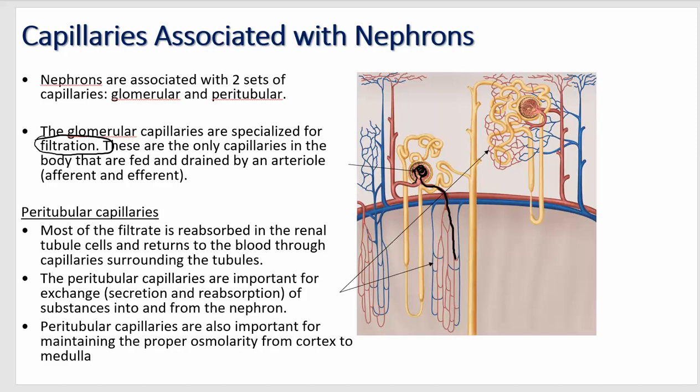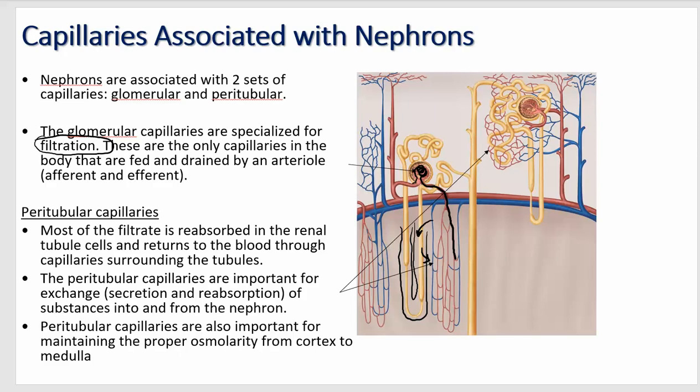Most of the filtrate is reabsorbed and returned to the blood through these capillaries surrounding the tubules. The peritubular capillaries are important for exchange, since we have some reabsorption and some secretion. Some of them are specialized, called vasa recta, which lead and follow along there.